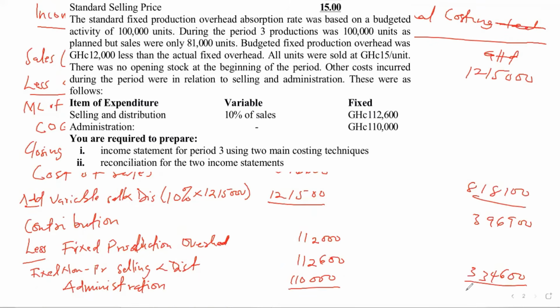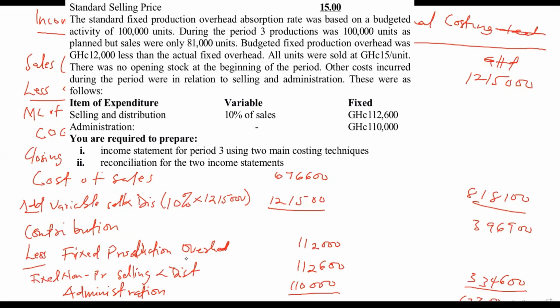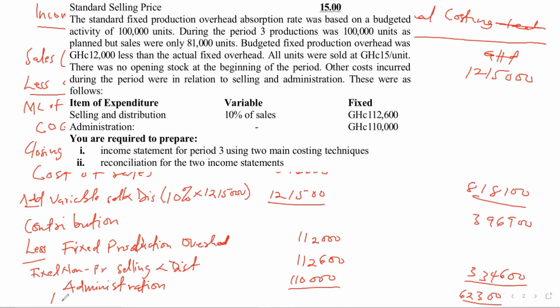So we will have 62,300, and that is our net profit for the marginal costing. Let me write this net profit. Under the marginal costing technique, we had a net profit of 62,300.